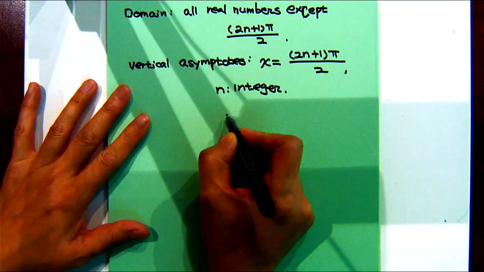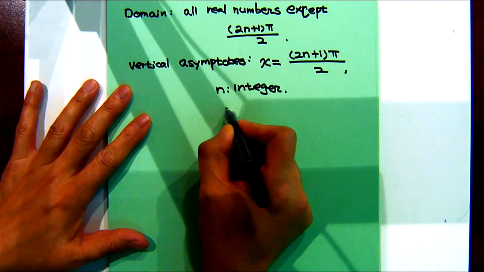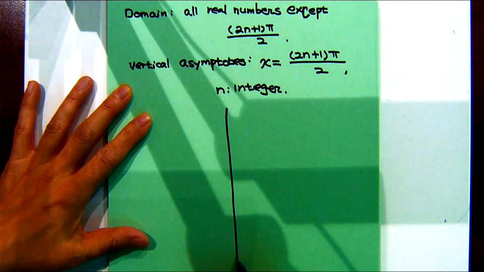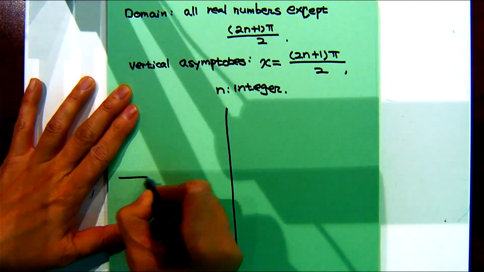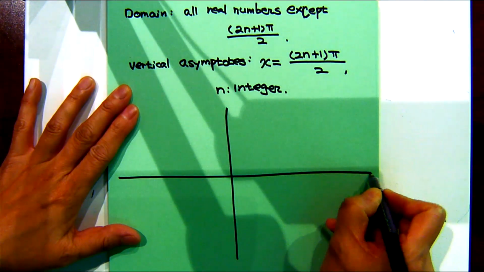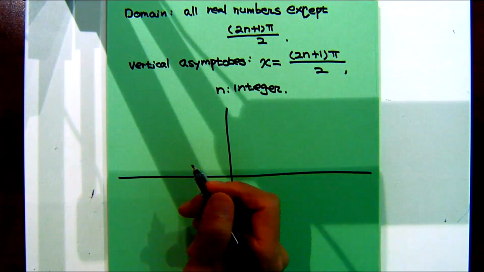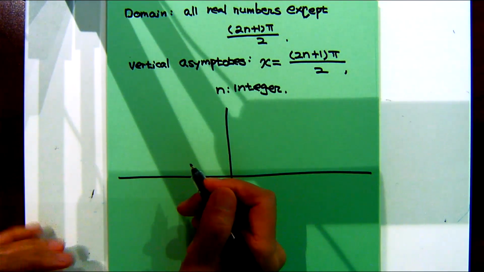When we graph secant, what we have to do is draw the graph of cosine, and then think about what the reciprocal function's graph will be.